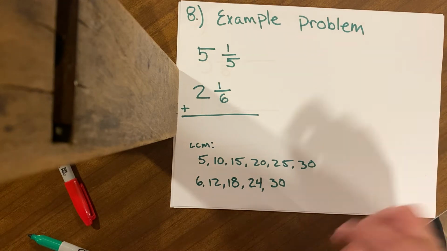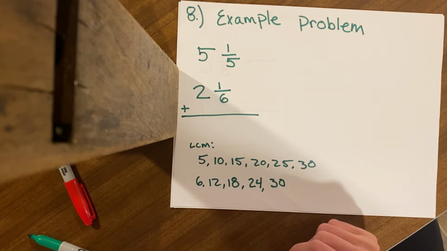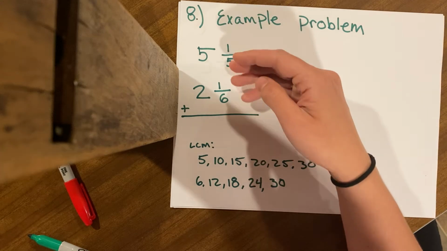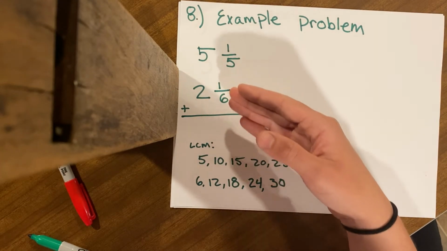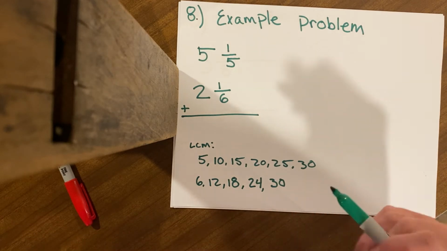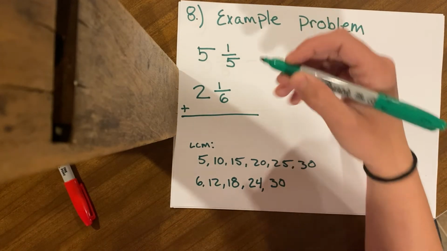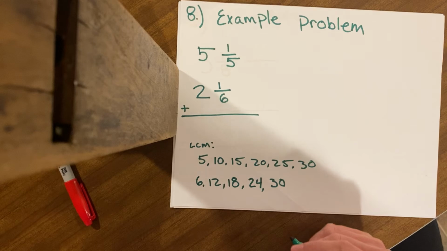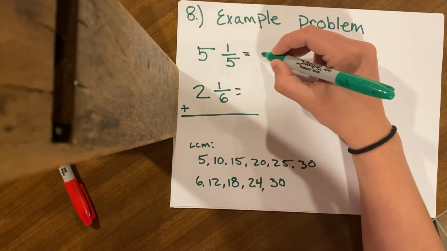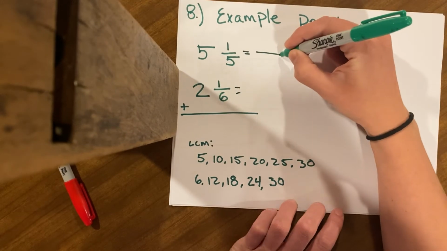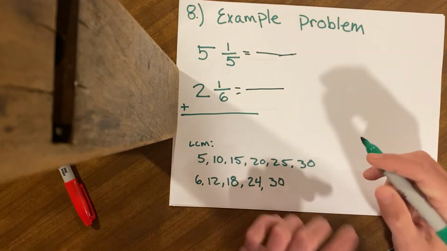Here is number 8's example problem. Okay, number 8's example problem is 5 1/5 plus 2 1/6. Okay, so the first thing we're going to do is we need to make our denominators the same. So we're going to do our equal, equal, line, line, line.